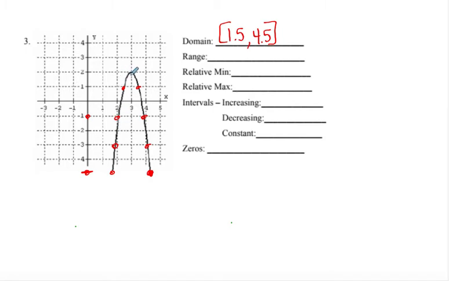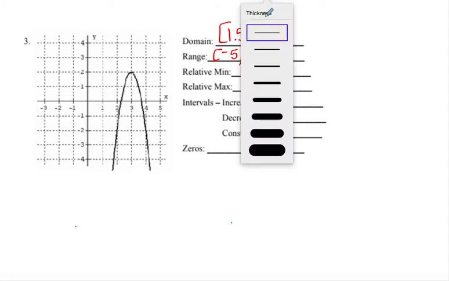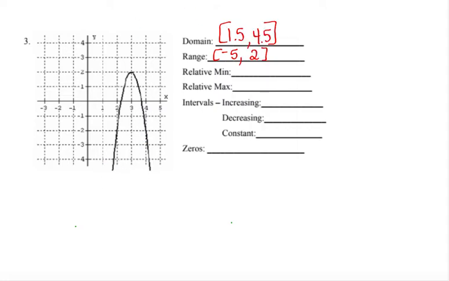And the tallest y value would be 2. So my smallest y value would be -5. And then I would go up to 2. It includes both of those. Even though I don't have dots there, since there is a graph there and it's solid, then I'm good to say that, oh yes, it's included.